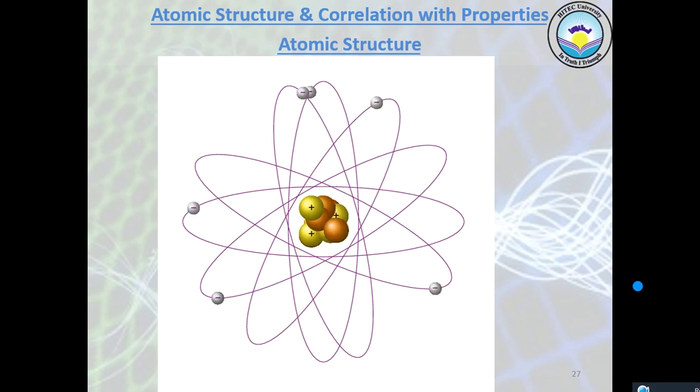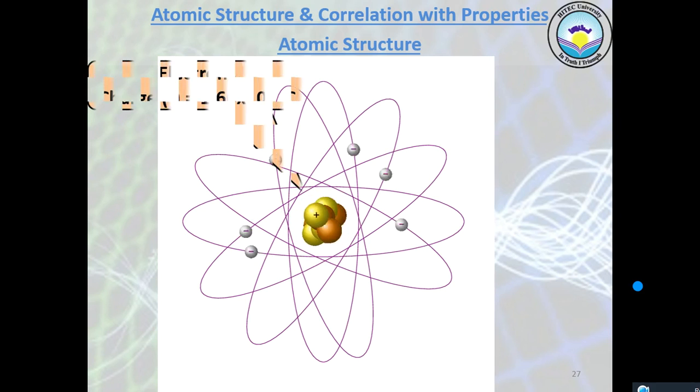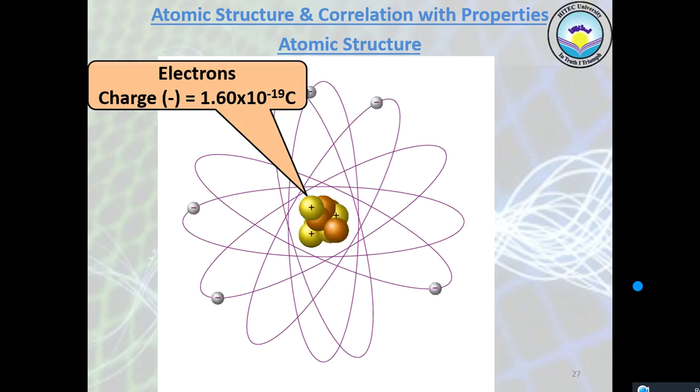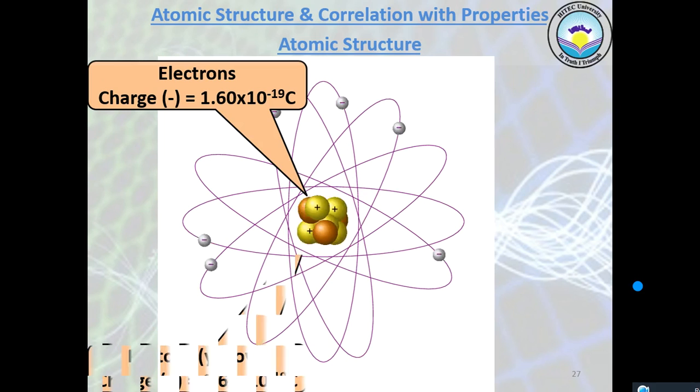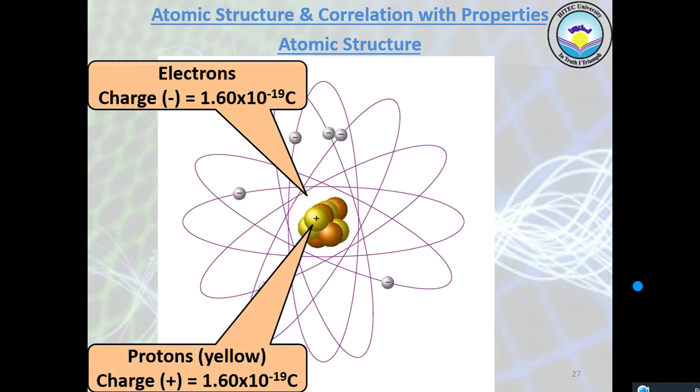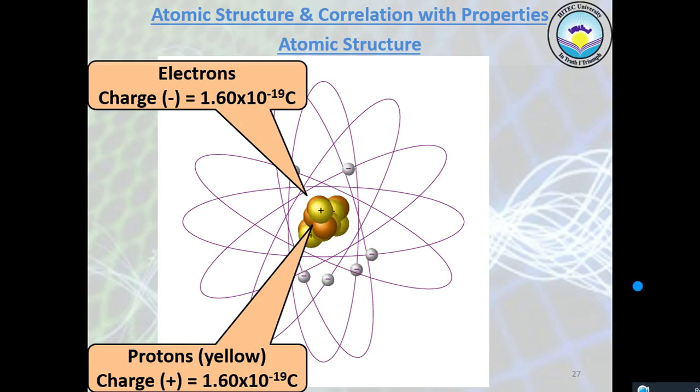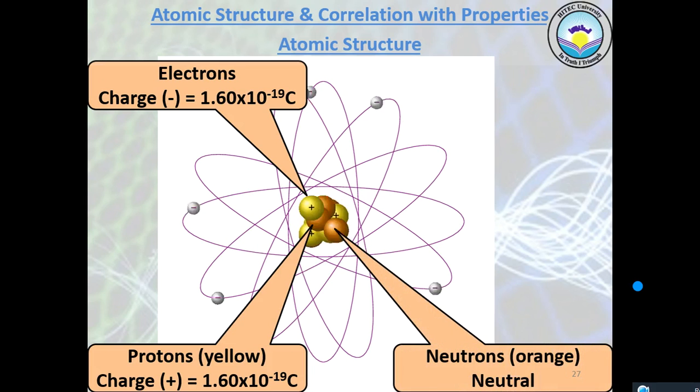Protons carry positive charge and electrons revolve around the nucleus in specific orbits, forming the electronic cloud. This is the charge on electrons, 1.6 × 10^-19 coulomb, and this is the charge on protons, which is also 1.6 × 10^-19 coulomb, and neutrons are chargeless.